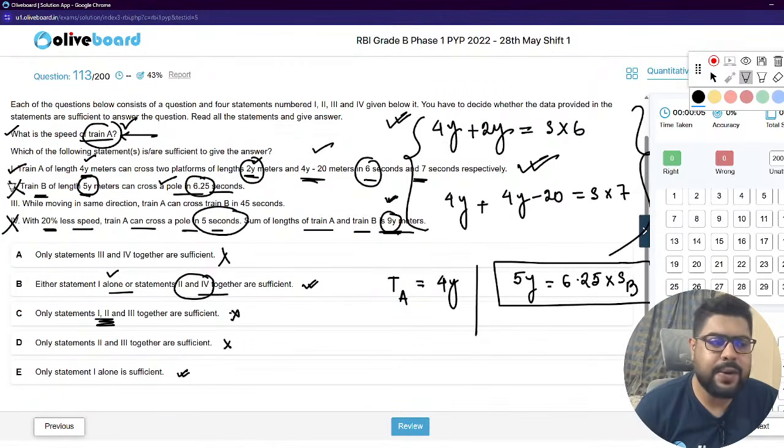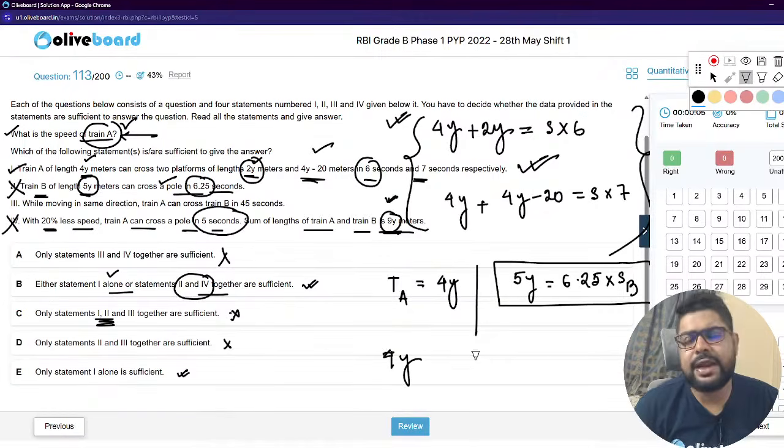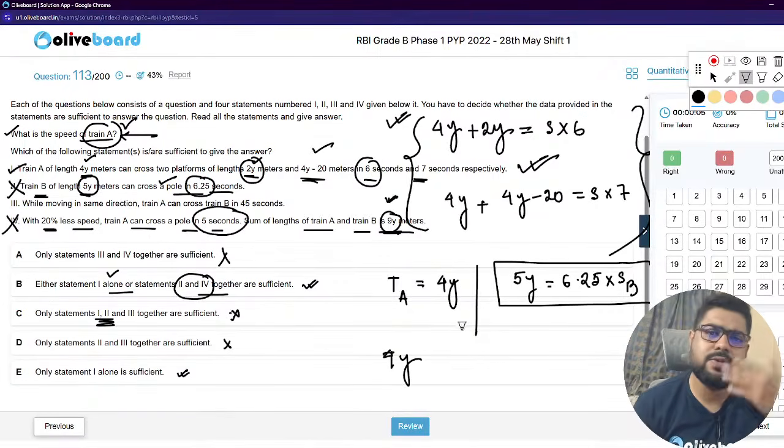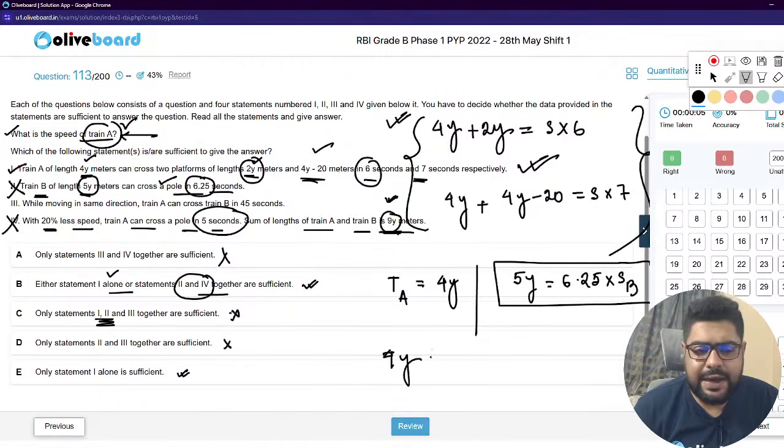And from this 20% less speed, train A can cross the pole. Acha, chalo, theek hai, sir. So, the length the train A needs to go in order to cross will be its own length, that is 4y. That is equal to speed, which will be 4/5 of this, because 20% less speed of A, into 5.